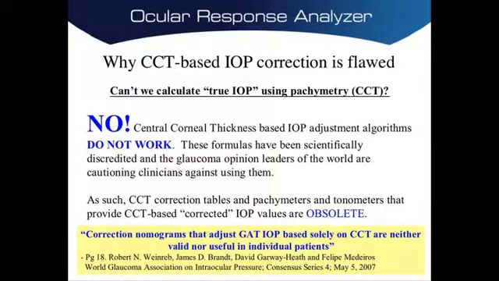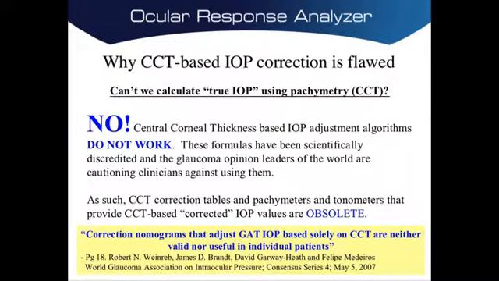These formulas have been scientifically discredited at this point, and the glaucoma opinion leaders of the world are cautioning clinicians against using them. CCT-based correction algorithms that come out on little conversion cards, and all of the instruments, tonometers and pachymeters, that have built-in IOP adjustment algorithms really are obsolete at this point.